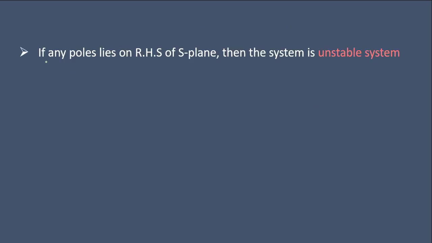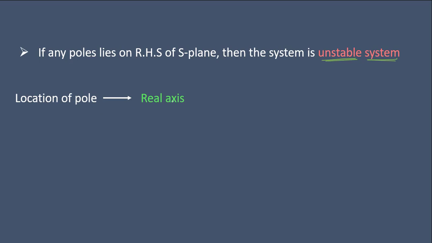So we can say if any pole lies on the right hand side of S-plane, then the system is an unstable system. Why is it an unstable system? Because when you plot x of t, the signal is not absolutely integrable and the signal is an unbounded signal. Hence, with any pole on the right hand side, the system is an unstable system.